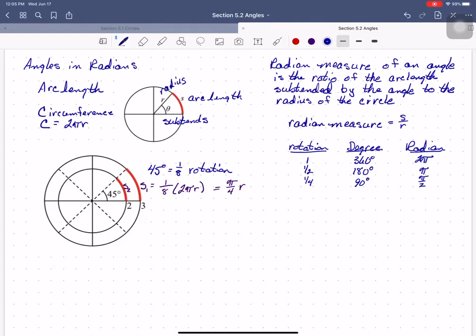Now, these are just numbers. The 2 pi, the pi, and the pi over 2 are just numbers. But we want to use exact numbers, so we're going to keep the pi in our radian measure and not replace it with a numerical approximation.